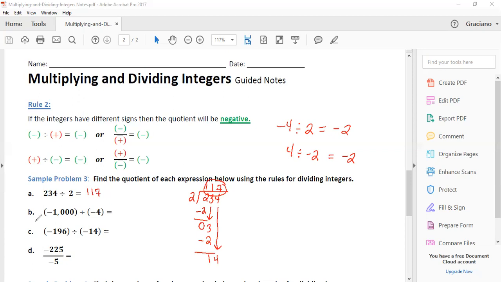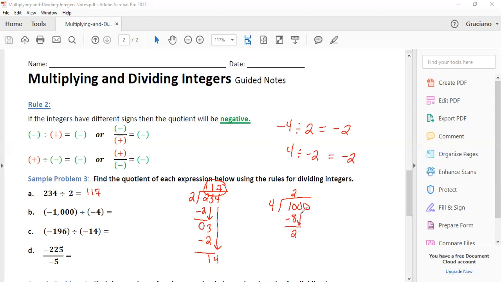For letter B, we are dividing two negative numbers, so my answer is going to be positive. So we're going to do 4 into 1,000. Okay, so 4 doesn't go into 1, but 4 goes into 10. 4 goes into 10 2 times. 4 times 2 is 8. 10 minus 8 is 2.